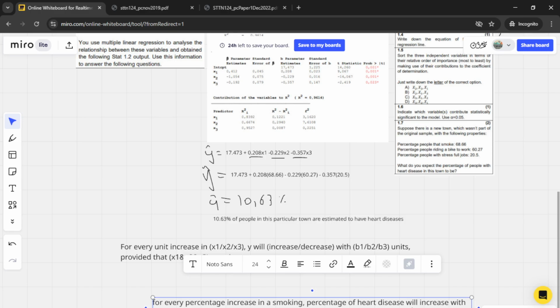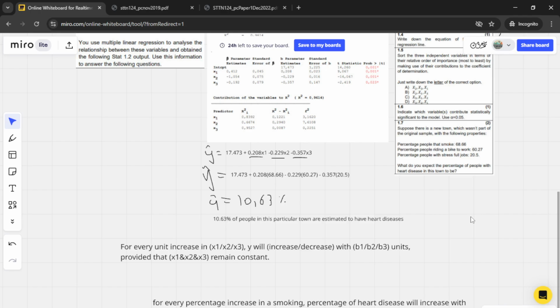So that's basically how you interpret the value of b1, which is the coefficient of x1.